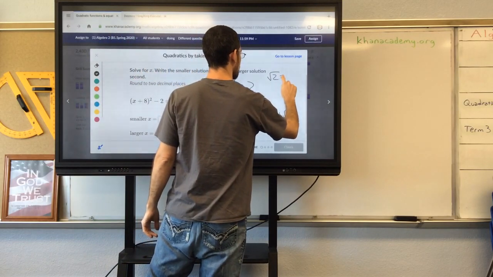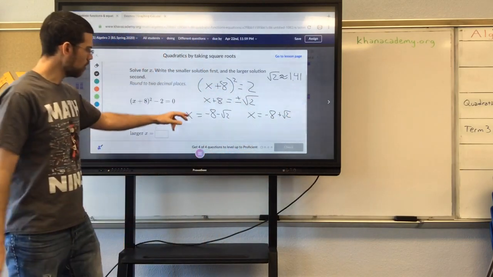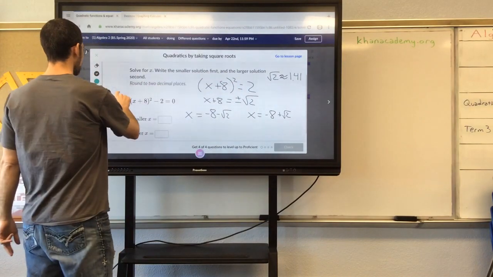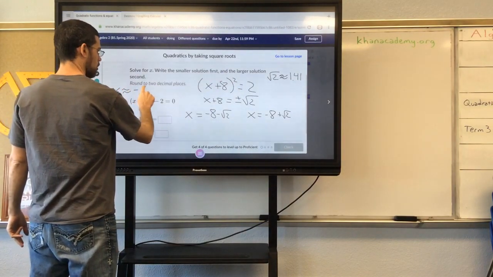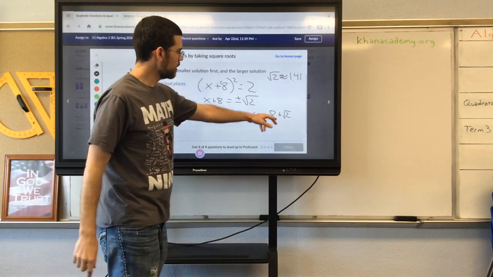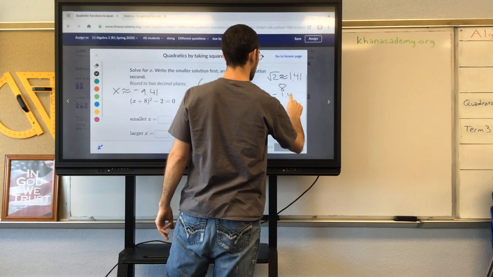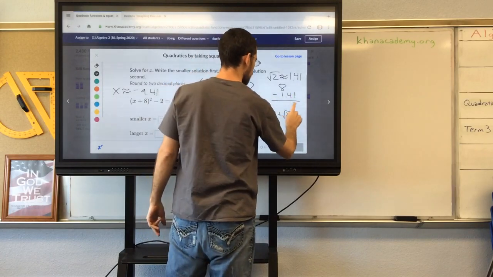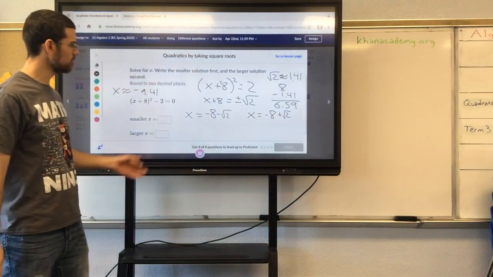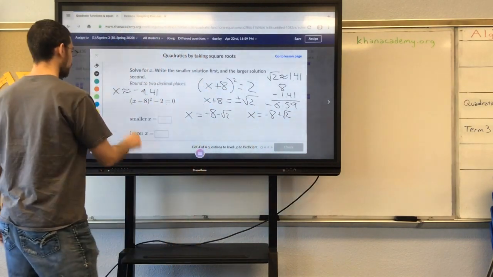So negative 8 minus 1.41 is negative 9.41, and negative 8 plus that, well, let's see, 8 minus 1.41 is 6.59, so negative 8 plus that will be negative 6.59.